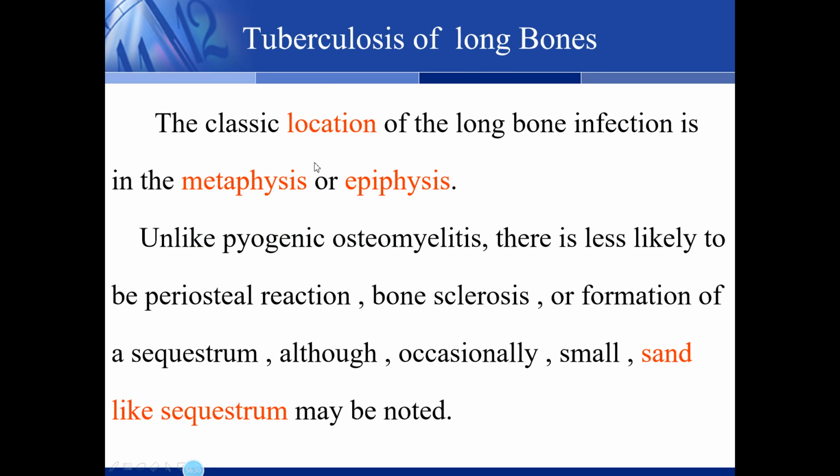The classic location of the long bone infection is in the metaphysis or epiphysis. Unlike pyogenic osteomyelitis, there is less likely to be periosteal reaction, bone sclerosis, or formation of a sequestrum, although occasionally small sand-like sequestrum may be noted.